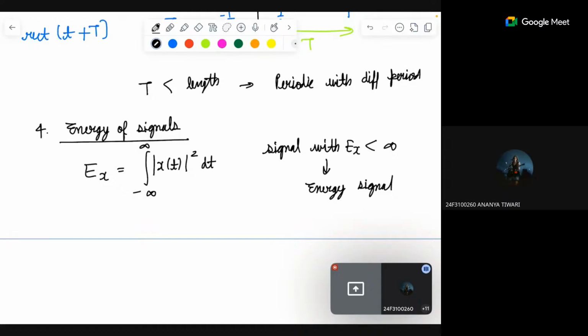Why are we taking this x(t)? I did not get your question. Whenever we do power into time, then we get energy. So how is this x(t) square power here? It is not power here, it is energy.